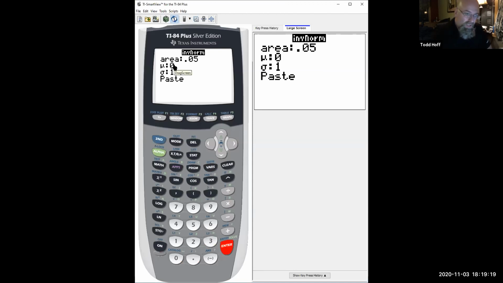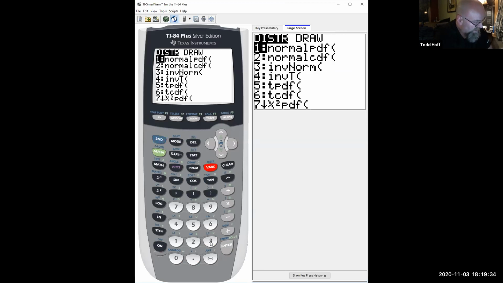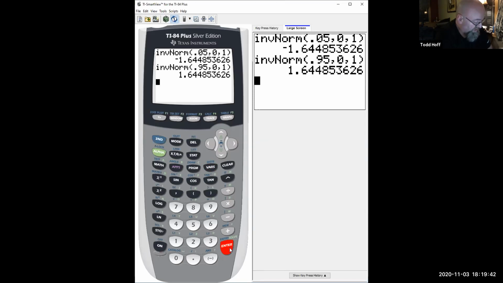We're looking at z-scores, in other words. So it's a mean of 0, standard deviation of 1. We get a negative 1.645 for that one. Let's look at the other side. So 0.95. We'll notice we get the exact same number, it's just positive.